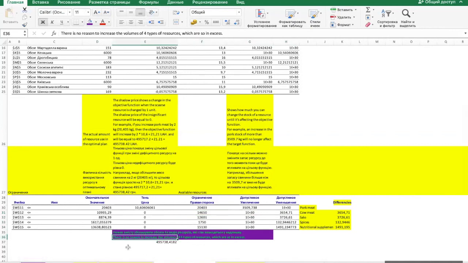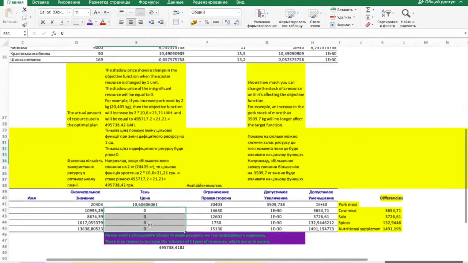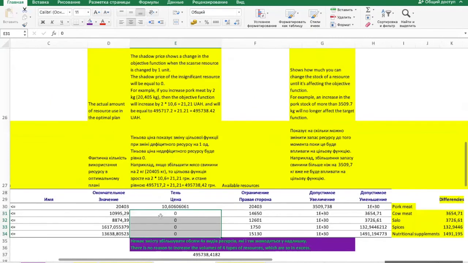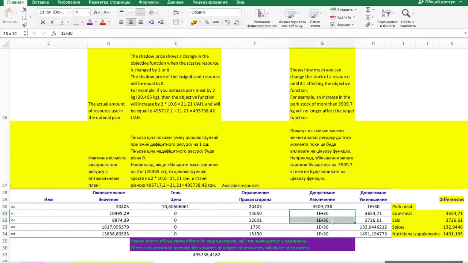And when we see zero in the shadow price column, there is no reason to increase the volumes of these types of resources, which are in excess. Yes, they are surplus, beyond what we need to provide the optimal plan. That's why we see a very, very small possible increase for these resources.